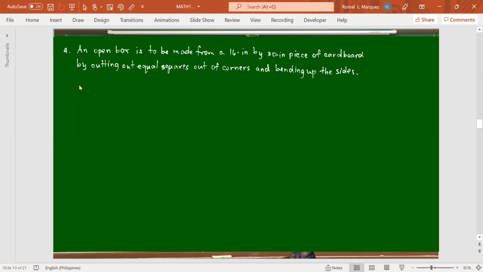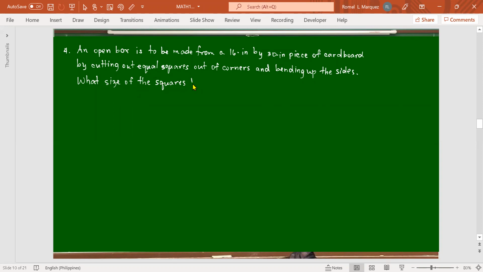What should be the size of the squares? Anong size ng squares?